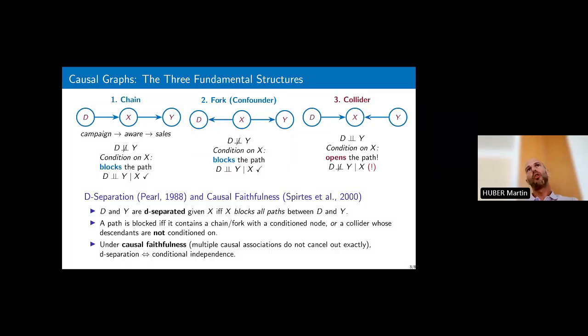So this is what is called the collider structure. And if this was a little bit fast now, the important takeaway is that you can have structures with statistical associations where it's not fully clear which causal structure drives that statistical association, right?